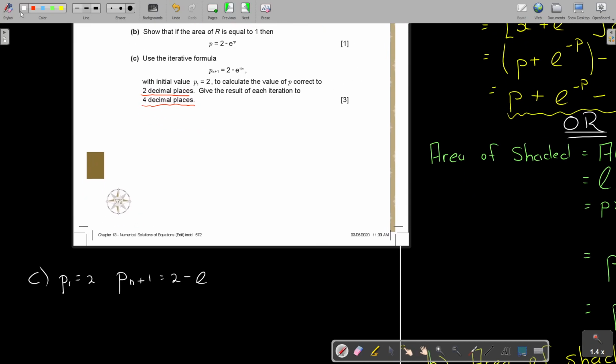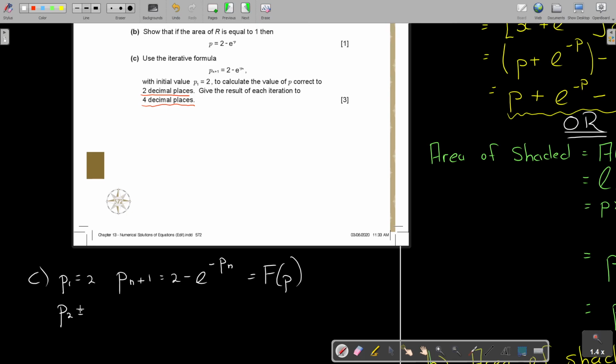So let's just write it down there. And that is just going to be 2 minus e to the negative P, and that's n. And remember, that's F of P, not F of x, because it's in terms of P. Okay, so let's take that calculator and program the 2. So press 2 equals. And now start.